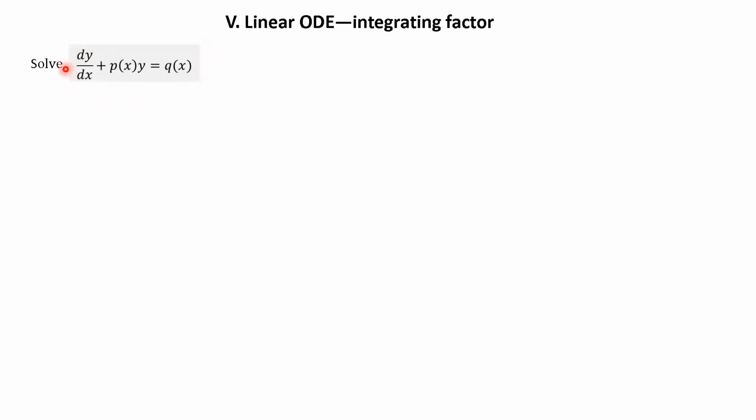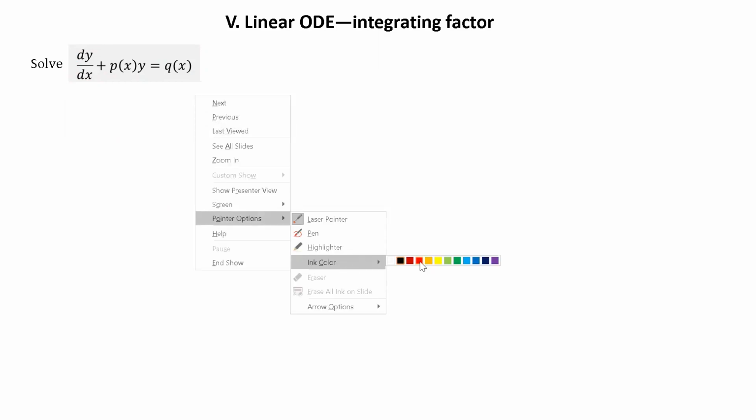First of all, if you look at it, you can also ask yourself whether you can use the methods you have learned to solve it, whether you can use separation of variable.